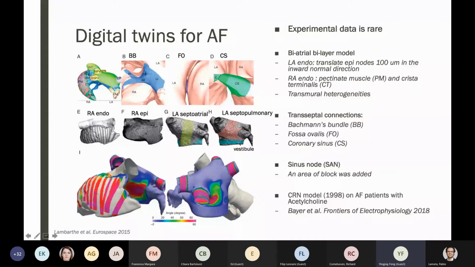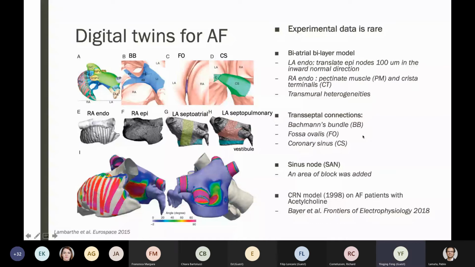For the models, we are using the one published by Lombardo in 2015, a bilayer biatrial model that includes the LA and RA endo- and epicardium, two layers, and also transmural heterogeneity. There are also transseptal connections, such as Bachmann's bundle, fossa ovalis, and coronary sinus, and we added the sinus node.